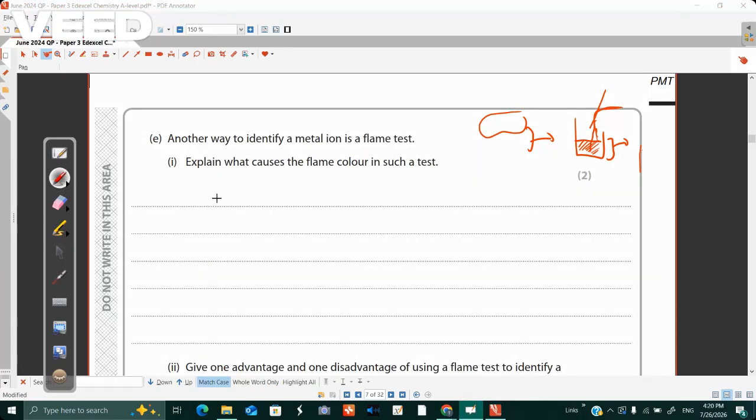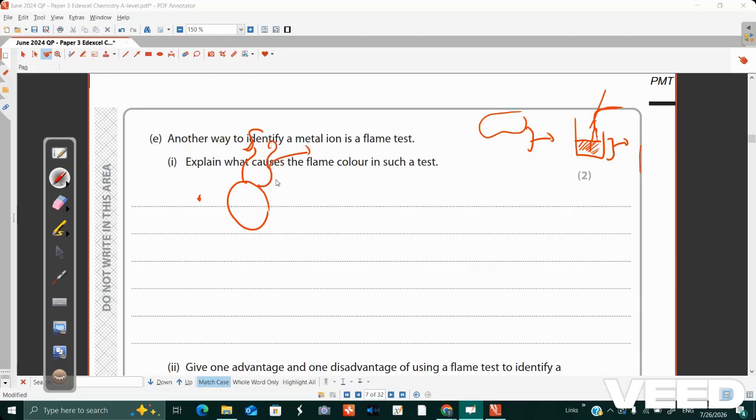So we are seeing a color, as you said, the electrons are getting excited or promoted into outer shells when we heat it with the flame, and again they are getting de-excited, releasing energy as radiation.